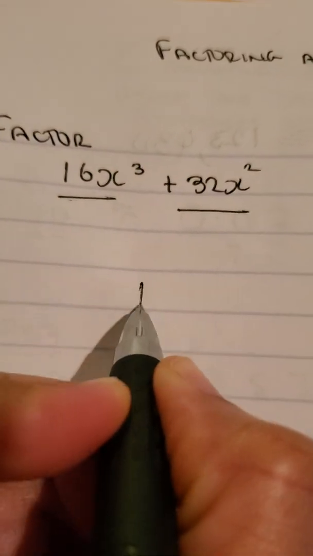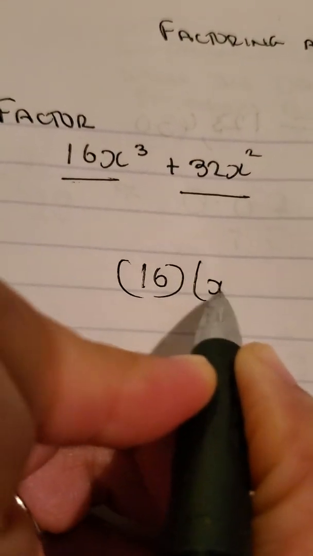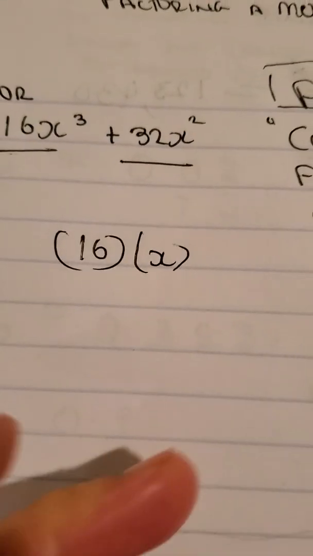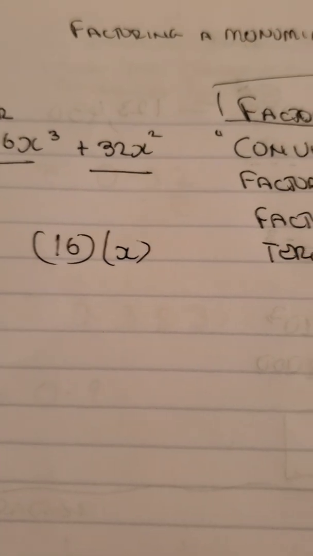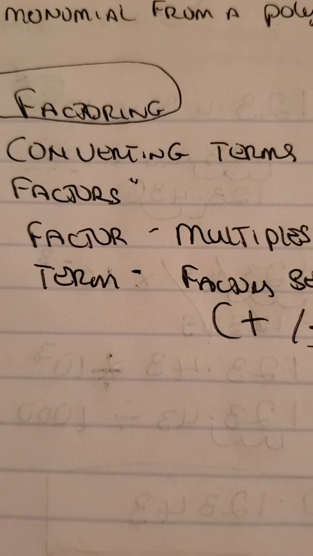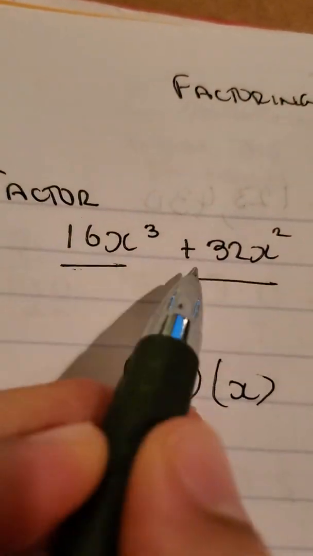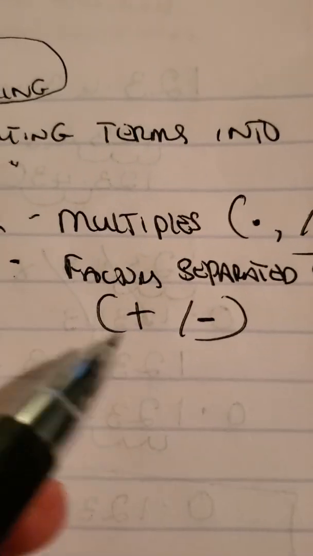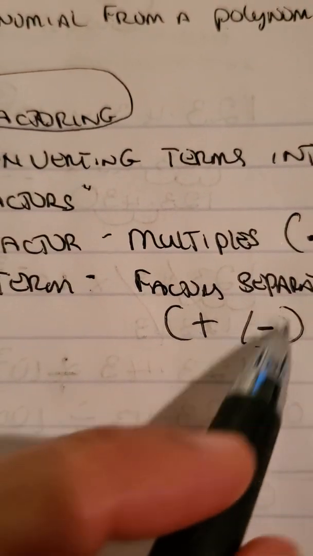But if you are multiplying them, these are considered factors. So as the book put it when we defined polynomials, if you take monomials and you add or subtract them, you're working on terms.